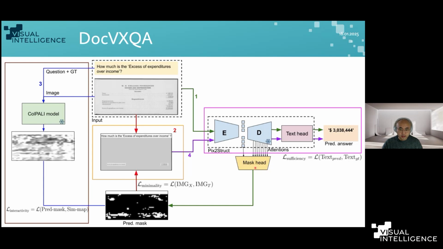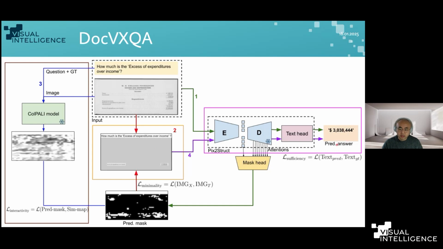First, we run the mask head to get some mask information, where this mask information is coupled with the output from the ColPali model, which is an additional mask, and that takes the interactivity principle. Then based on this mask, we make a masked input, coupled with the input signal, and feed it into the model again, together with the text, and we get some prediction.